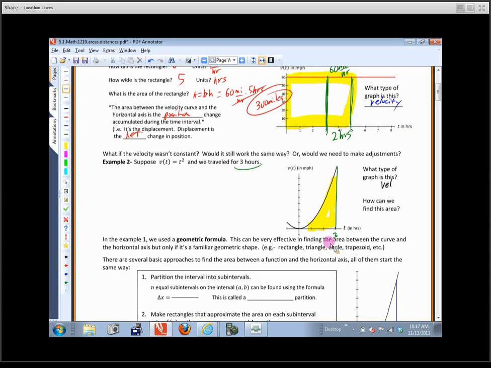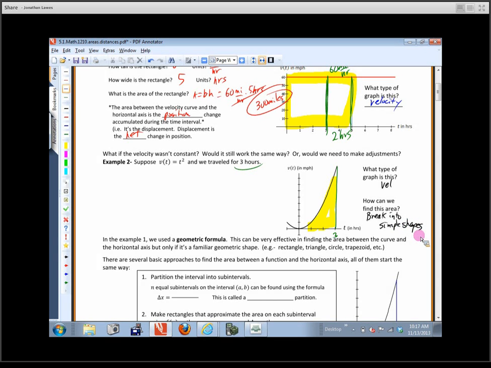Break it up into simple shapes. Juan is exactly right. We're going to break it up into simple shapes. Okay? So let's write that down. Break into simple shapes.